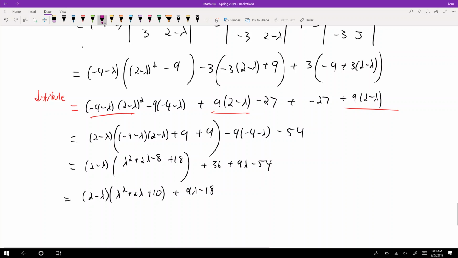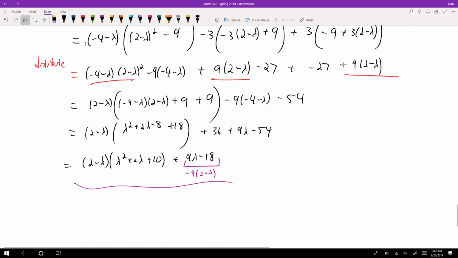Okay, but I can factor out a 2 minus lambda out of 9 lambda minus 18. All right, and how do I do that? Well, this is negative 9 times 2 minus lambda. So now what do we do? Then out of all of this, I factor out another 2 minus lambda. So now I get 2 minus lambda times lambda squared plus 2 lambda plus 10.